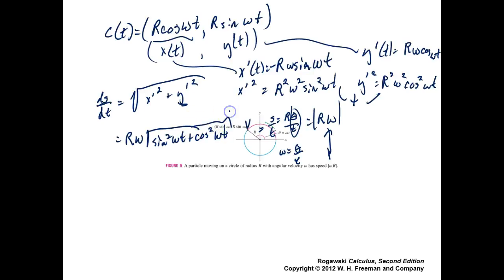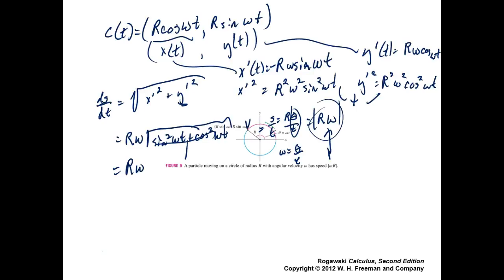And any idea what that could be? One, exactly. This is 1. So we just found out that is indeed r omega, which is what we had before. And of course, it's the positive, so even if r or omega were negative, that would be the absolute value.